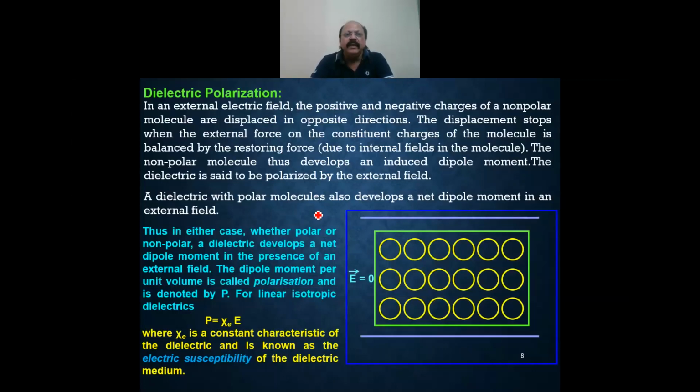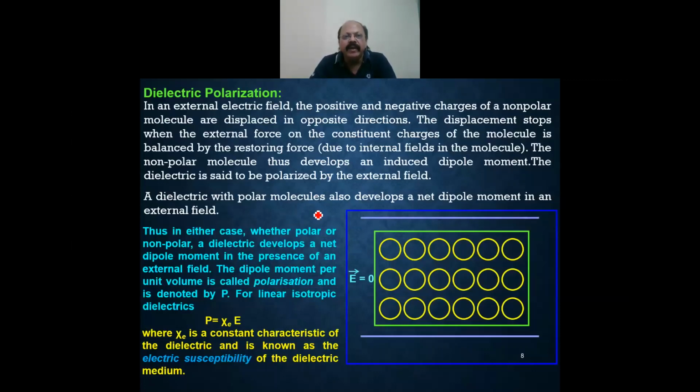When we place such a non-polar molecule in an external electric field, the positive and negative charges of this molecule are displaced in opposite directions. This displacement stops when the external force on the constituent charges of the molecule is balanced by the restoring force due to the internal field in the molecule.